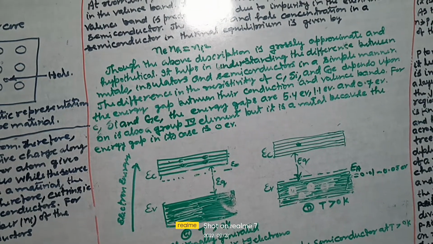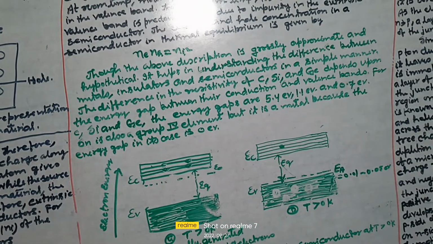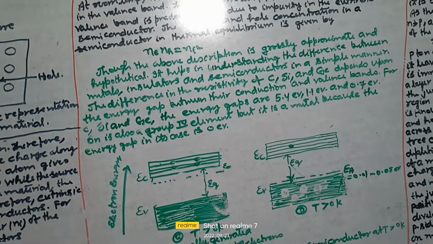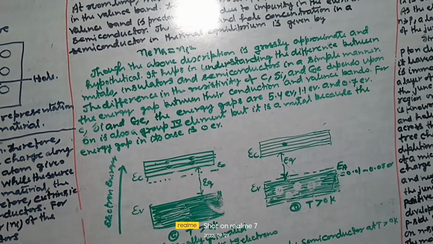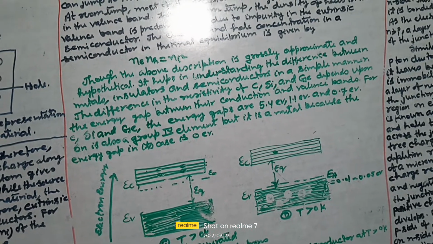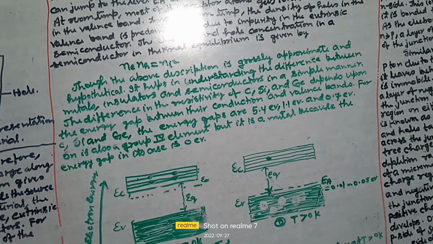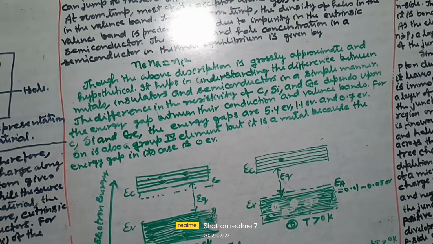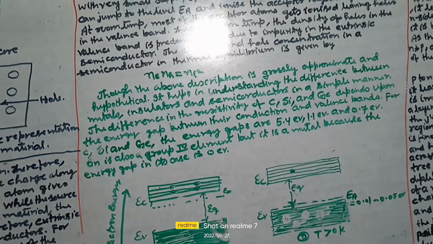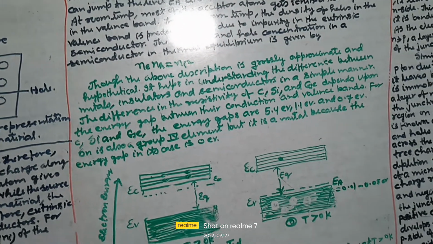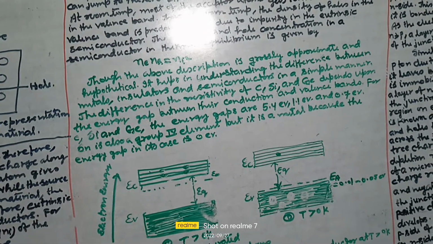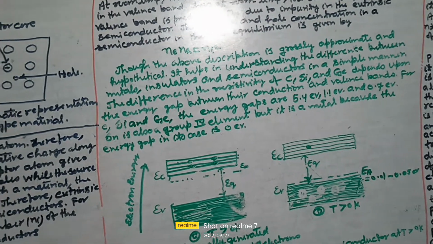At room temperature, most of the acceptor atoms get ionized, leaving holes in the valence band. Thus, at room temperature, the density of holes in the valence band is predominantly due to the impurity in the extrinsic semiconductor. The electron and hole concentration in a semiconductor in thermal equilibrium is given by Ne times Nh equals Ni squared.